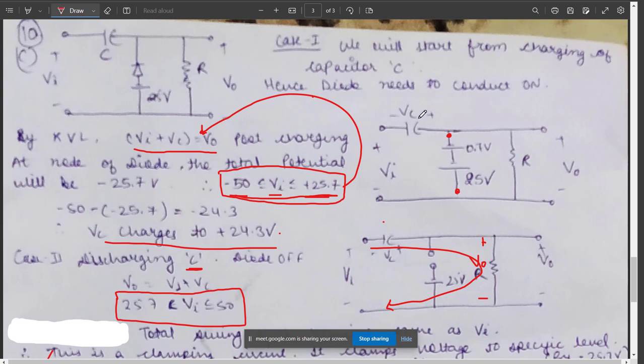So the first case is when the capacitor is completely charged, then we will be finding VO.